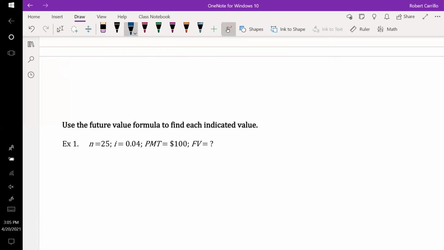You're going to get future value is equal to your payment, which is 100, times (1 plus I), so 1 plus 0.04, raised to the nth power, and n here is 25, minus 1. That's all in the numerator. And then down below, it's all over I, so over 0.04.